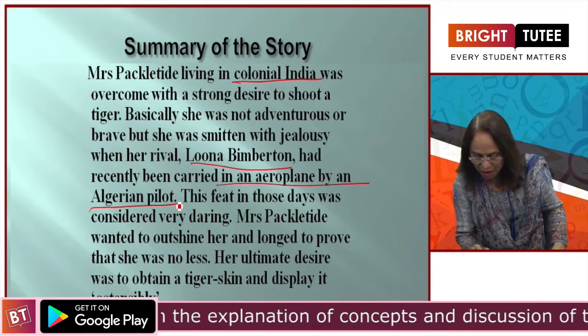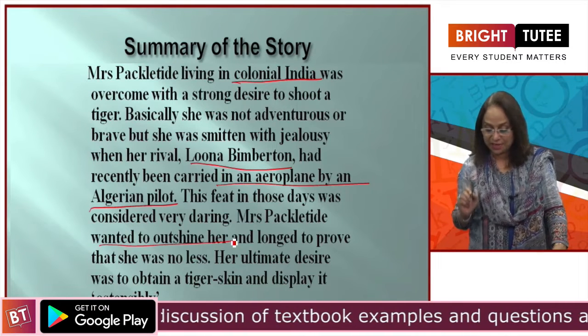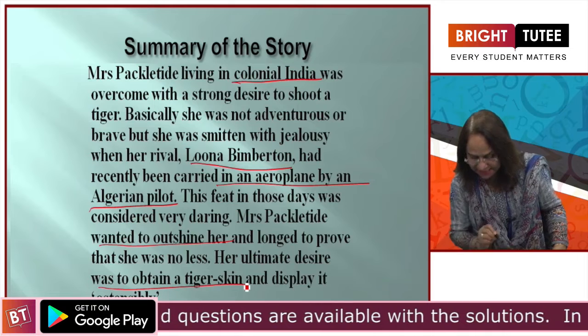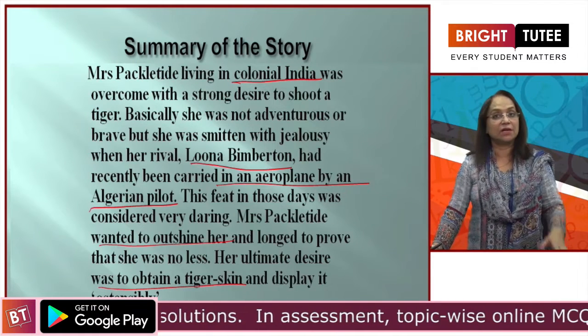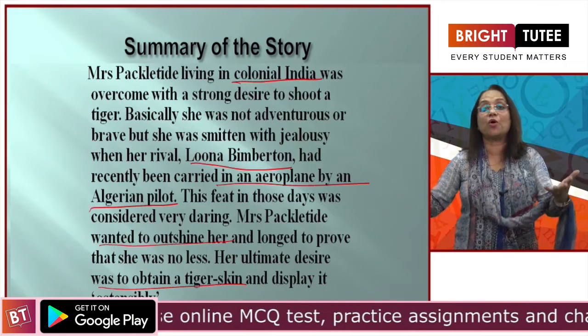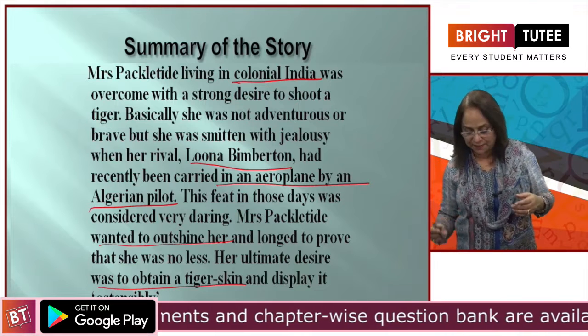So she wanted to outshine who? Luna Bimberton. And what did she want to do? She wanted to obtain a tiger skin and display it ostensibly, like a big show-off. She wanted to show off the tiger skin so that people would know that she had hunted a tiger.